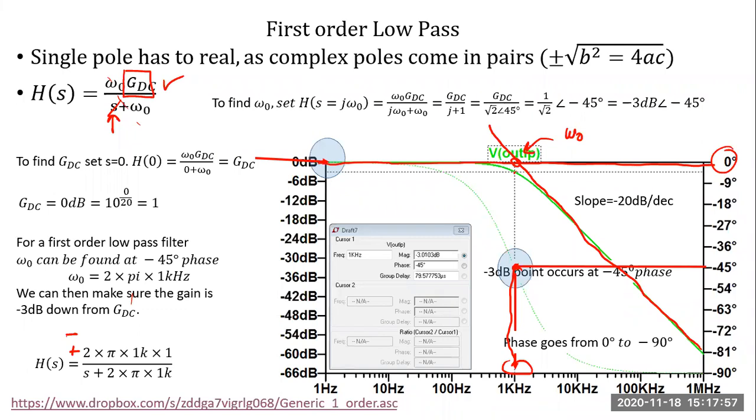So there's a tolerable error. If you got 9 or 8 or 11 or 12 kilohertz, okay, but 100 or 10,000, well, that wouldn't be okay.